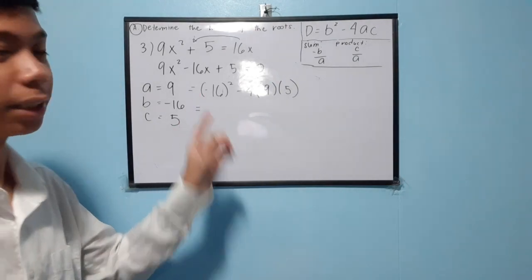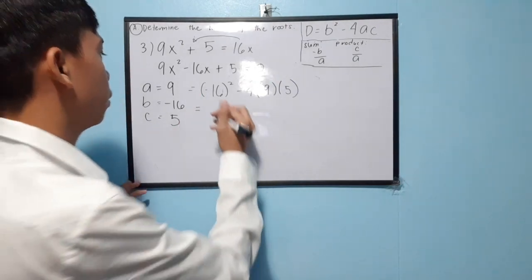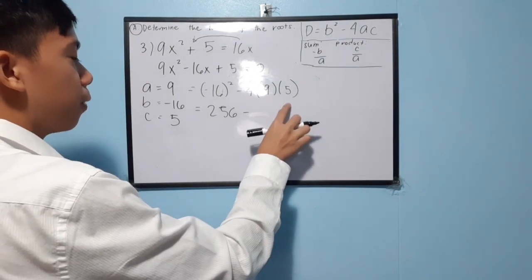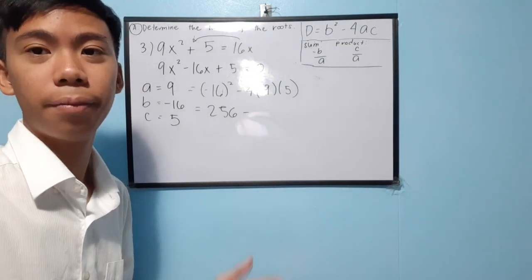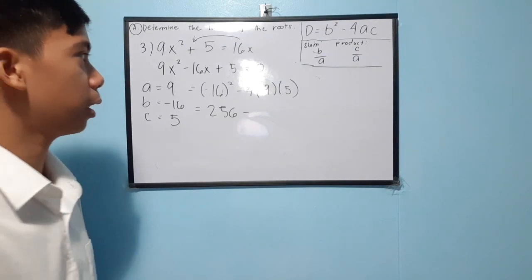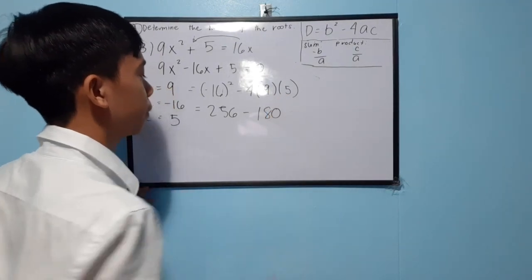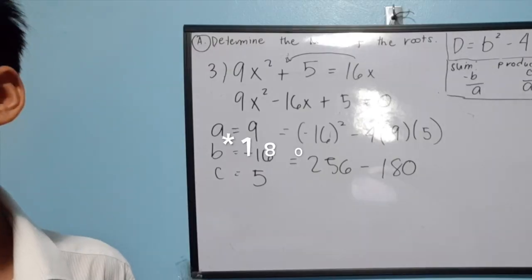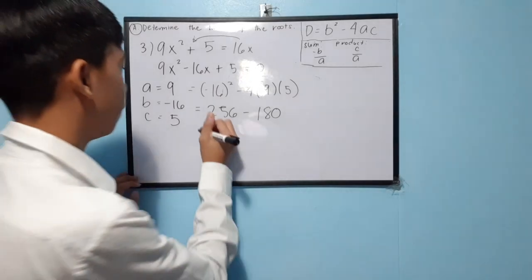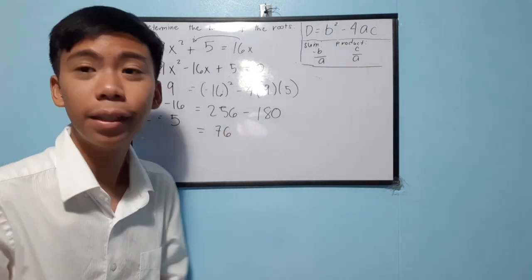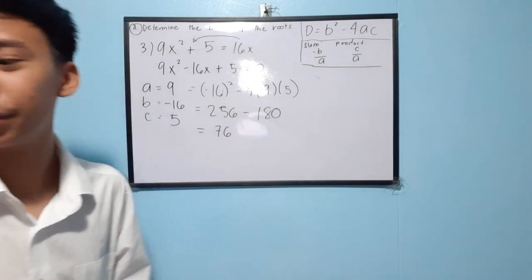So negative 16 squared is equal to 156. Now 9 times 5 is equal to 45, and 45 times 4 is equal to 180. So 156 minus 80 is equal to 76. Now, let's determine the nature of the roots.